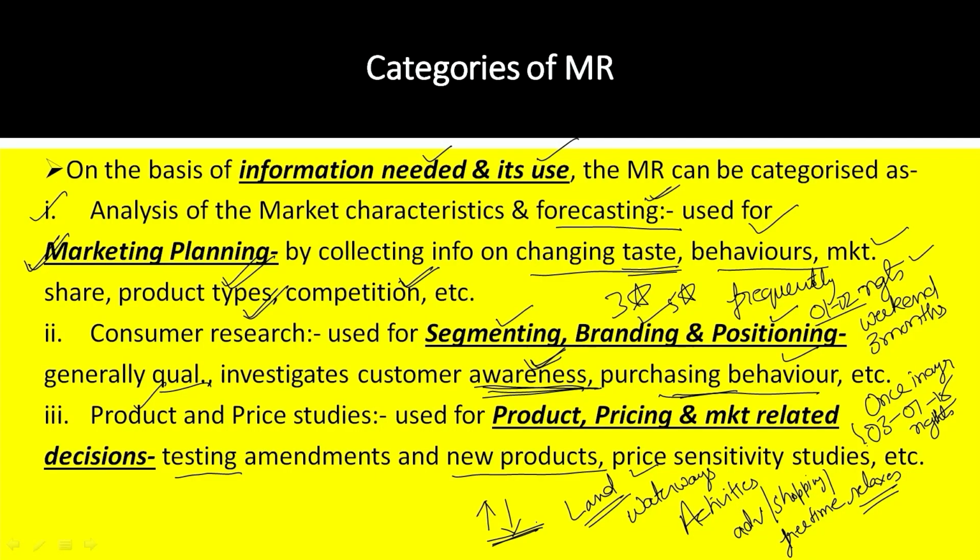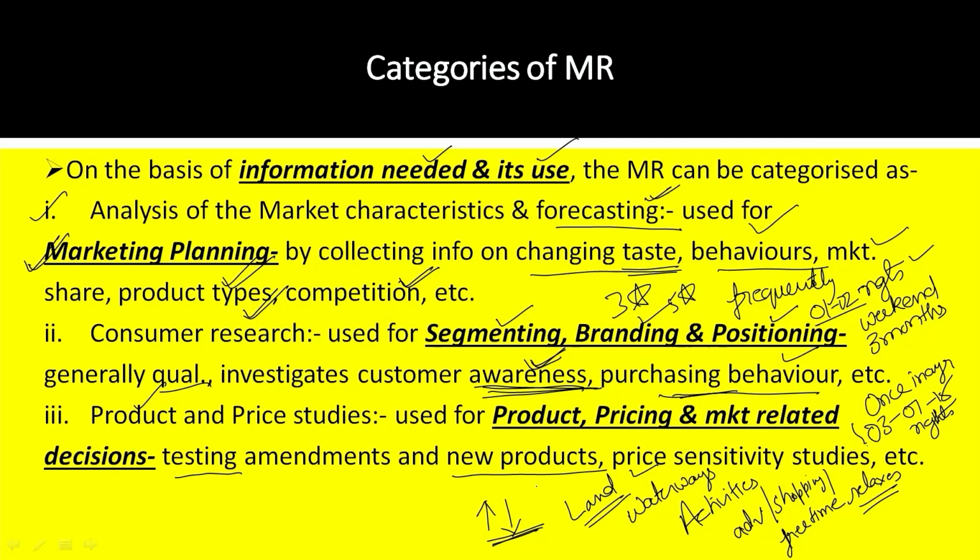Most of the time, whether we talk about testing amendments or new product or price sensitivity, all these product and price studies are done on a small population, on a certain part of your customers, and not on the entire customer base, because these experiments are expensive. Collection of data is expensive. Analysis of data requires a lot of expertise.